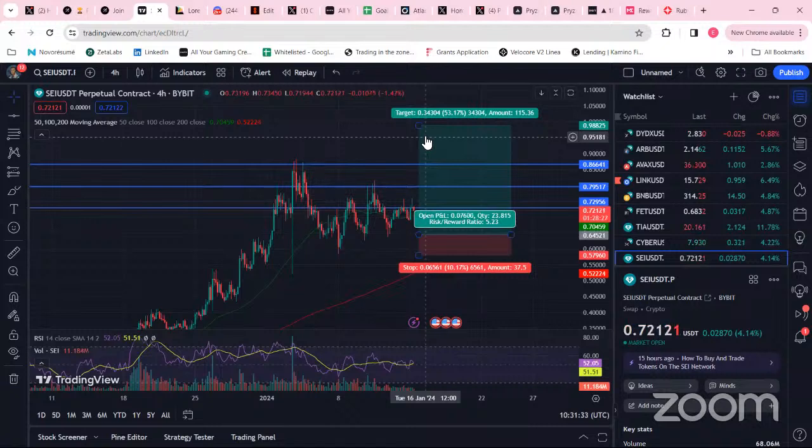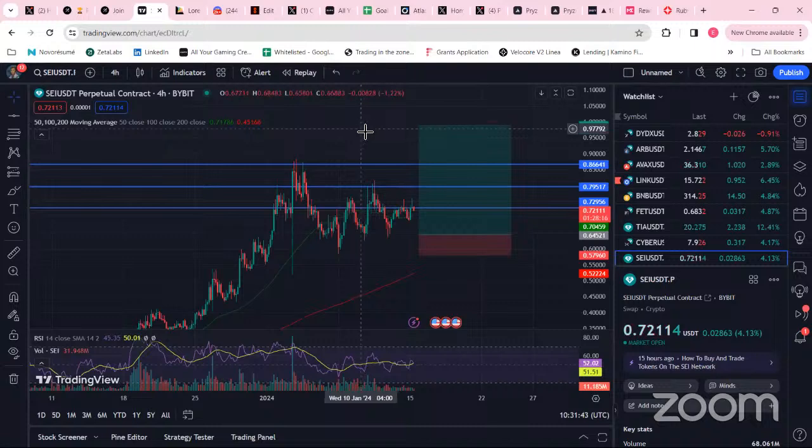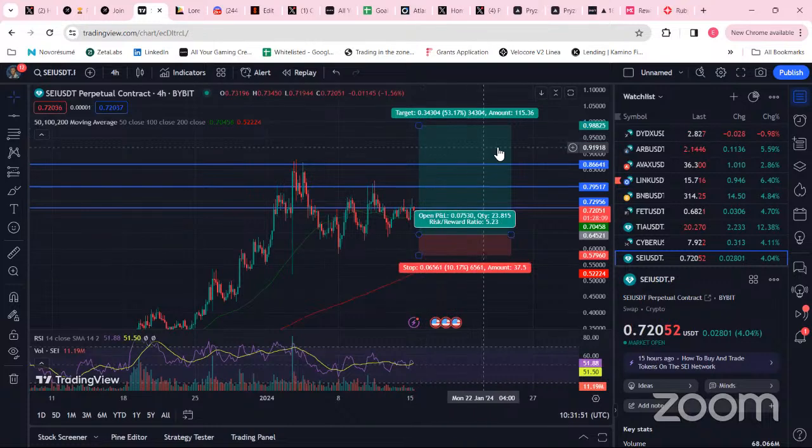So you might set your TP to $1 and it gets to 0.995 or 0.9992 or something like that. So just to be safe, I always set my take profit a little below $1, so 0.98.